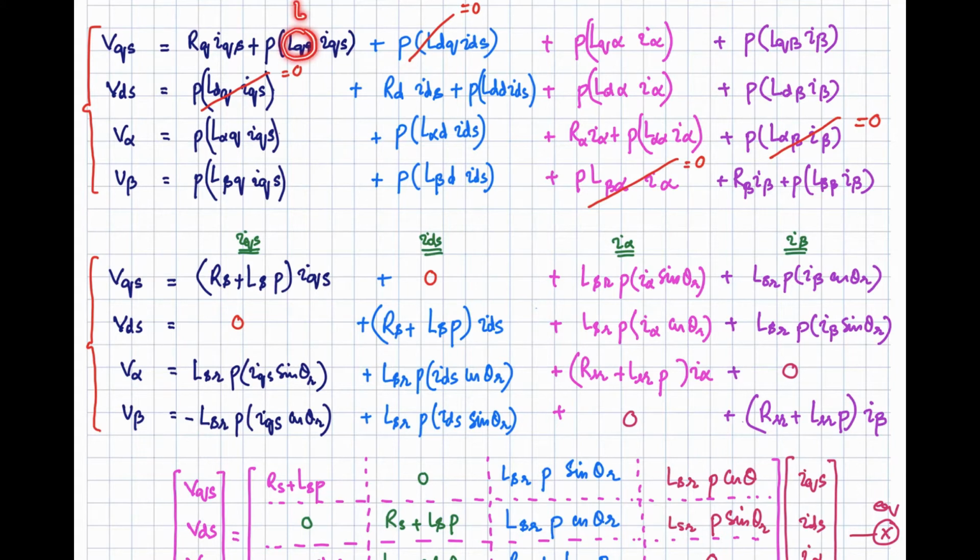LQQ is equal to simply LS, because the Q axis inductance is linked with the Q axis, right? And RQ we have assumed equal to RS, the stator resistance, so that is replaced by this one.